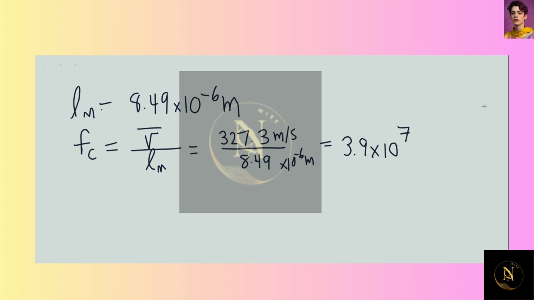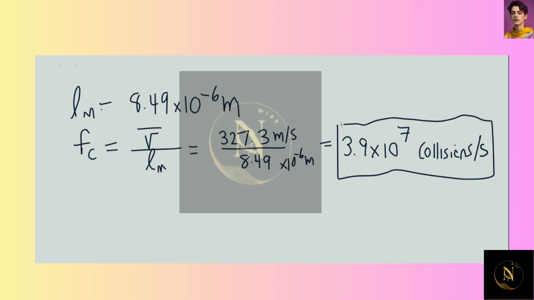It's a lot of collisions. We're getting a ton of collisions per second because the mean free path is so small. So it barely goes any distance before it collides with things. And this is typically the case with a gas, especially when it's at higher temperatures.